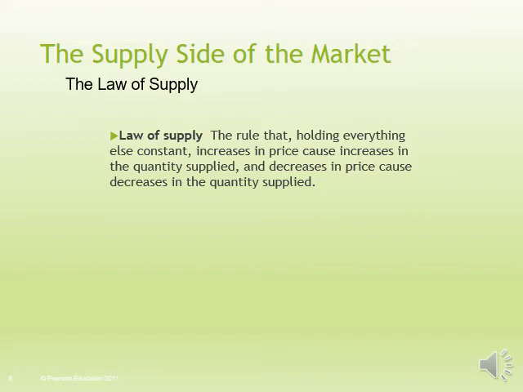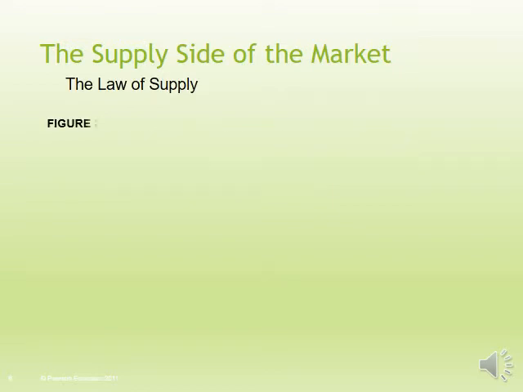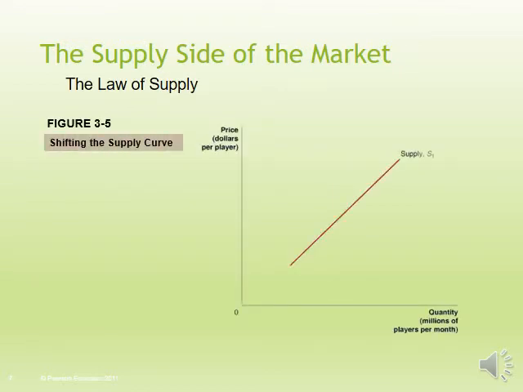And so you end up having a line with the supply curve that goes up. As the y value increases, so does the x value, which is the opposite of the law of demand. So, we have the curve that goes like that with supply.